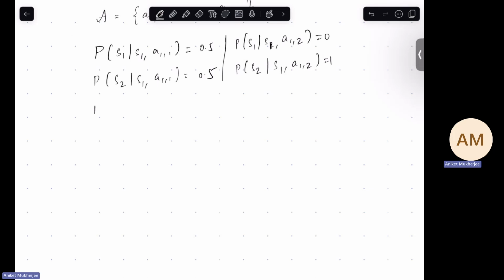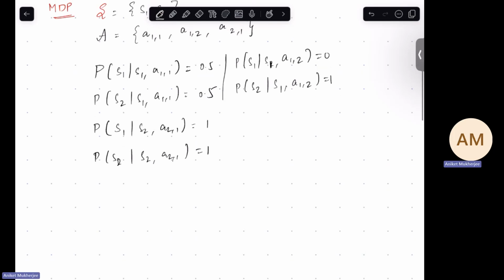Similarly, your transition probability that you end up at state S1, conditioned that you are in S2 and you take action A21, because you can only take action A21 when you're in S2, is 1. But the probability of you being in S2, conditioned that you are in S2 and you take A2, is this.